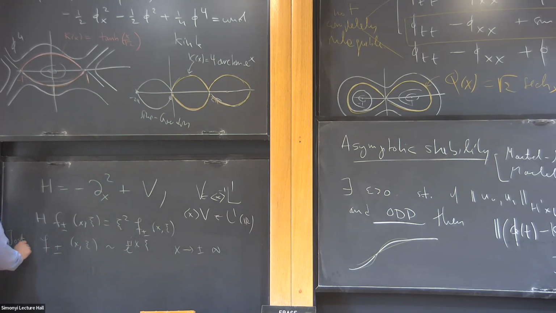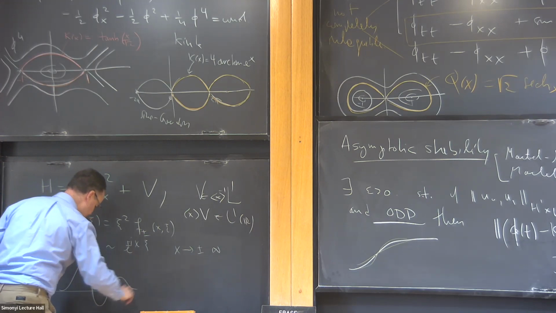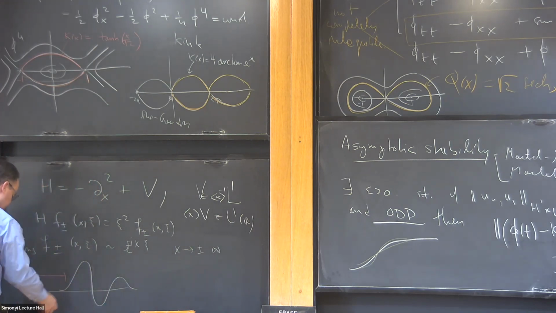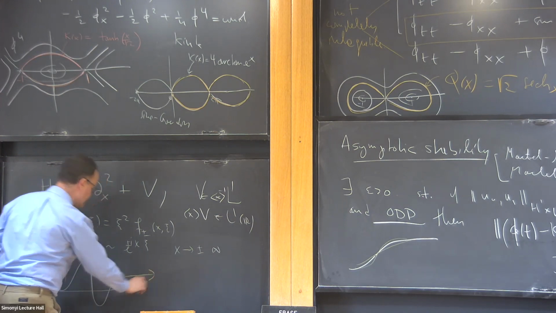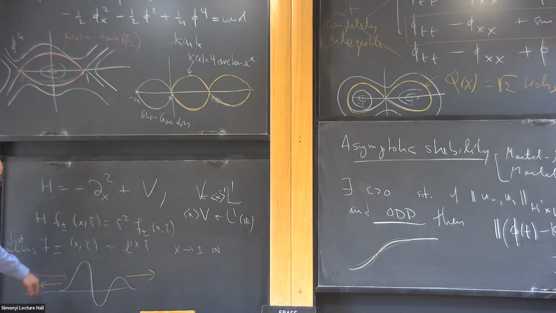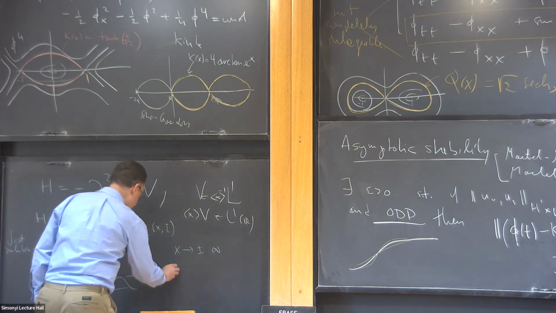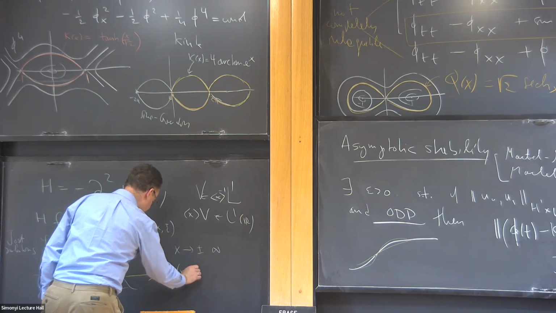And of course, the model we should have in mind is that V does this, and then you send in an incoming wave. Some of it gets reflected, and some of it gets transmitted. You've seen these things before. You have a reflection coefficient, a transmission coefficient. In formulas, they look like this: you have an f minus of x, psi.